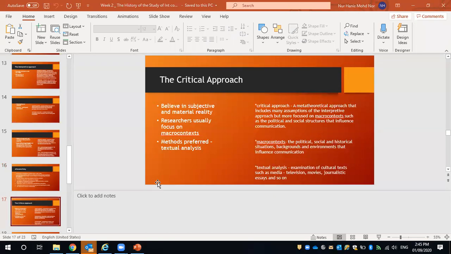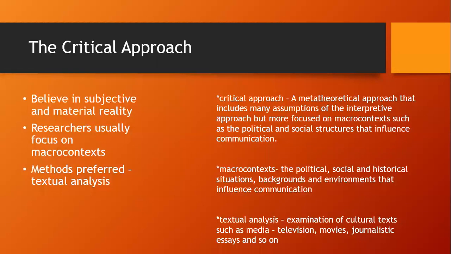Continuing on to the last approach, which is the critical approach. The critical approach believes in subjective and material reality. It focuses on macro context. A critical approach is a combination of social science and interpretive, whereby you're looking at a combination of things and you're very critical.